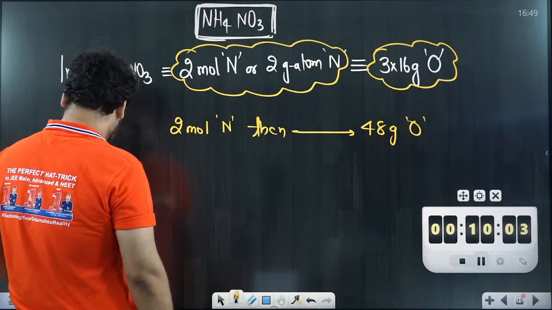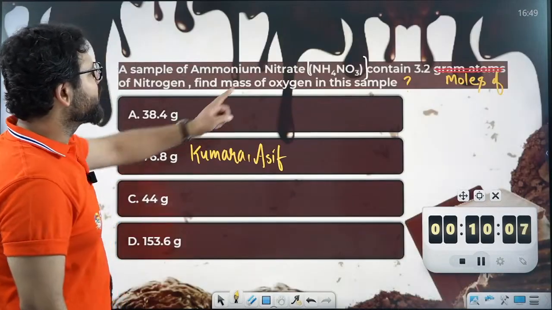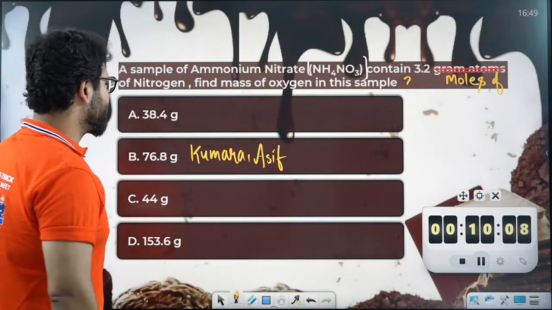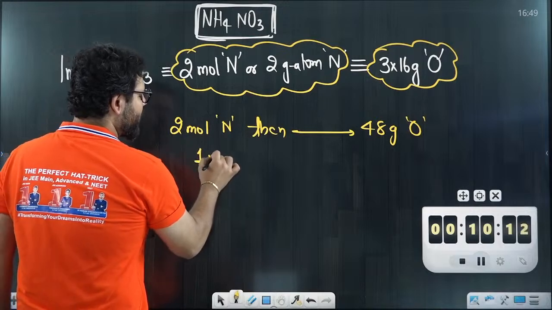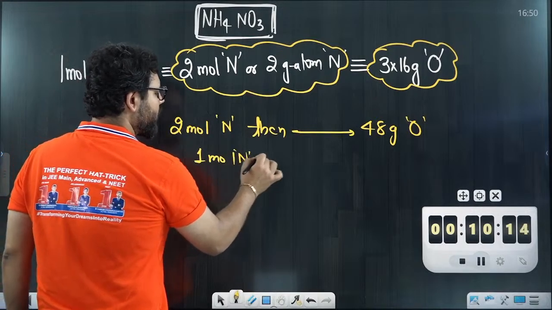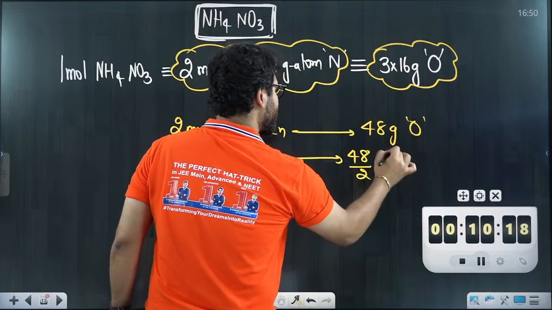Now they are saying if nitrogen is present 3.2 moles, 3.2. So 2 mole nitrogen has 48 gram oxygen. When 1 mole nitrogen is there, then it will be 48 by 2 gram oxygen.